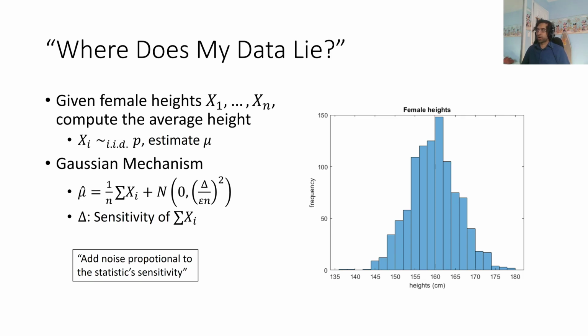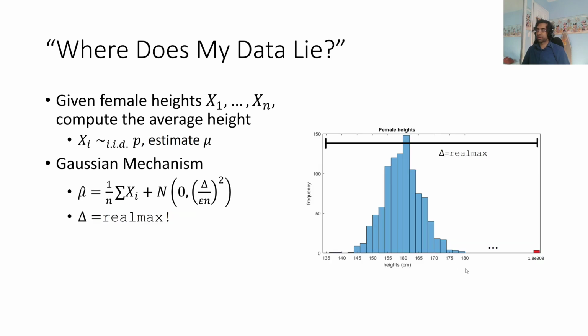Okay, so let's pretend we're on a finite computer. Well, if you just take a float or something, then delta might be real max. You set one person's height to be incredibly large, and that implies that delta can be arbitrarily large as well. So now what are we doing? We're taking this statistic and adding Gaussian noise with a standard deviation which has this delta in it, which is incredibly large.